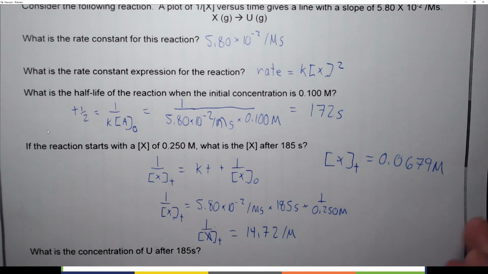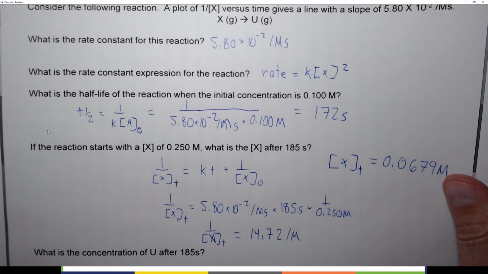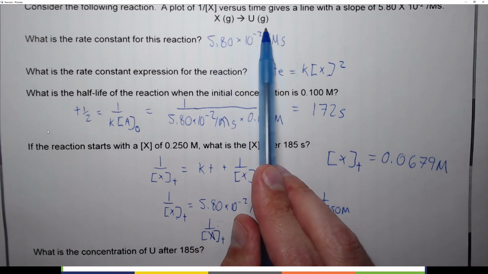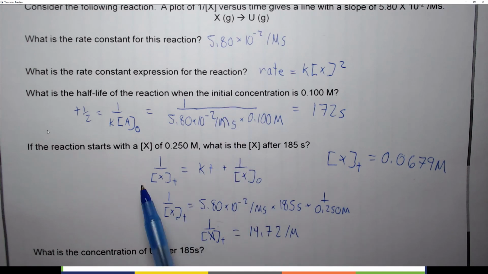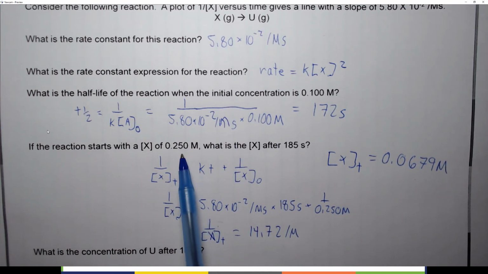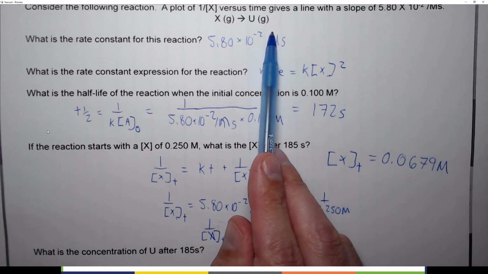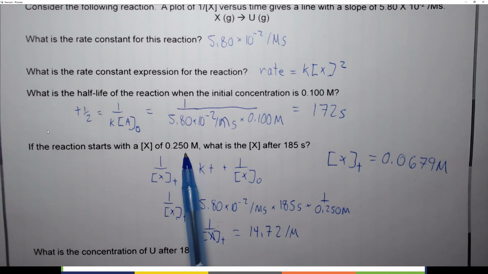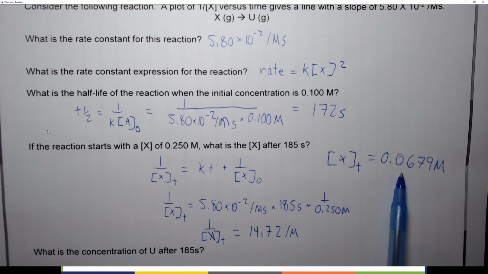Finally, it says, what is the concentration of U after the 185 seconds? In this case, every X yields a U. Said another way, if the reaction proceeded completely, the concentration of U would be 0.25 molar because all X becomes U. Well, it didn't go completely. It started at 0.25, but there's still some X left.